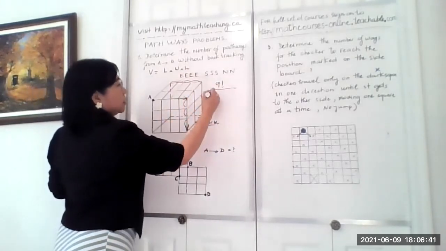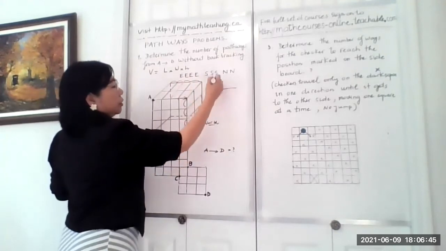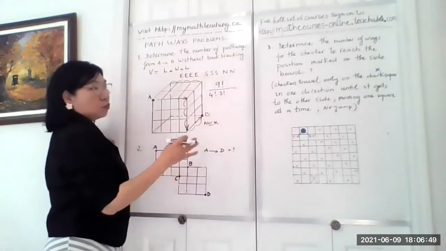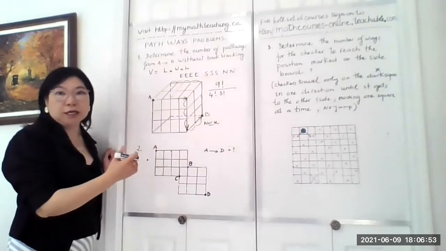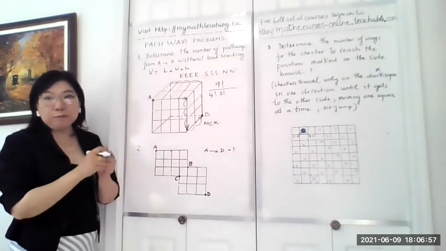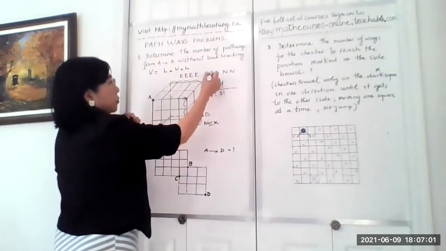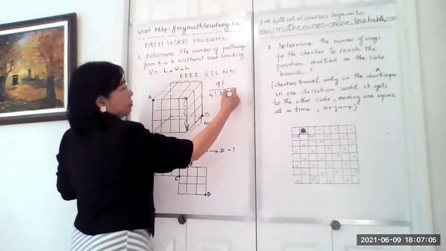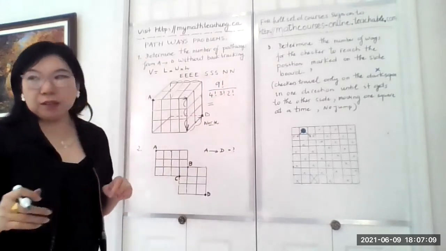So you have 4 letters, which is 4 factorial for the letter E, and 3 letters for south, so 3 factorial for S, to avoid the double count. Remember, that's the way we learned in permutation or combination before. Now, the next has 2 letters the same, so you divide by 2 factorial.